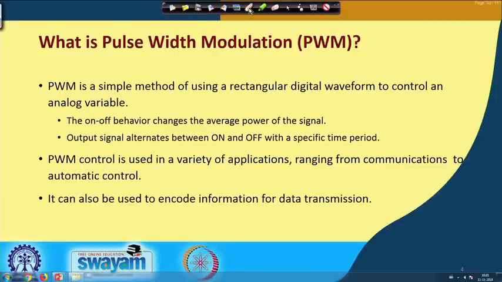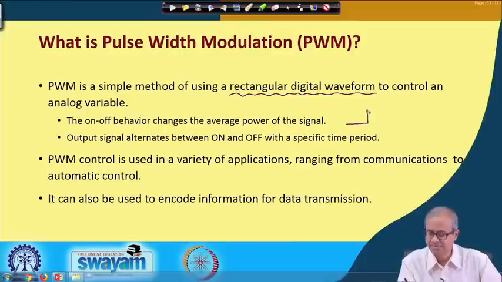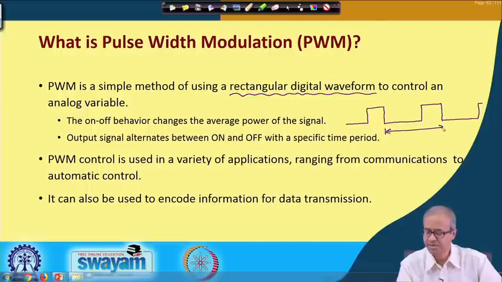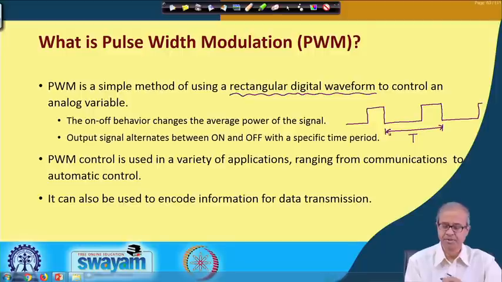The first thing is that just using PWM we can generate some kind of rectangular digital waveform, which means something like this, a periodic waveform where a rectangular waveform will be going up and down, and there will be a particular time period. This will be the time period, let us say t. So, this will continue.